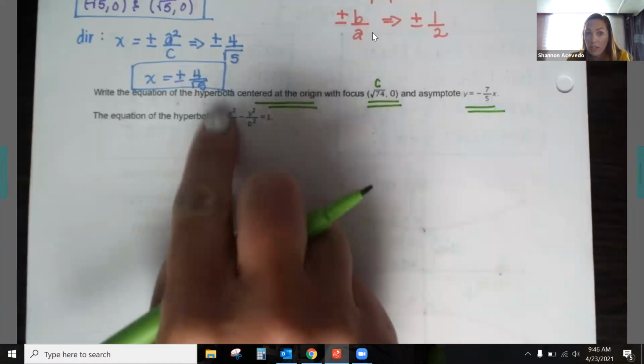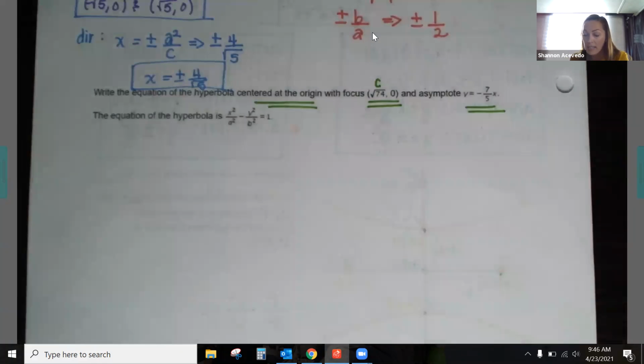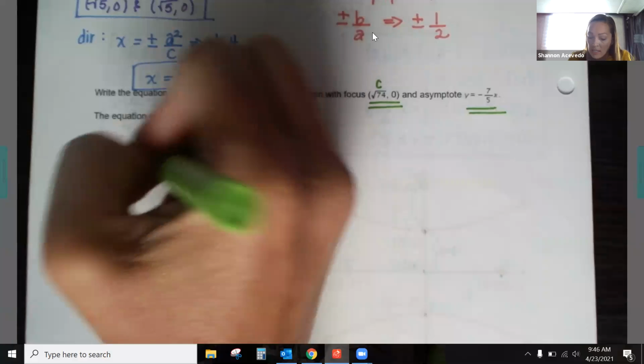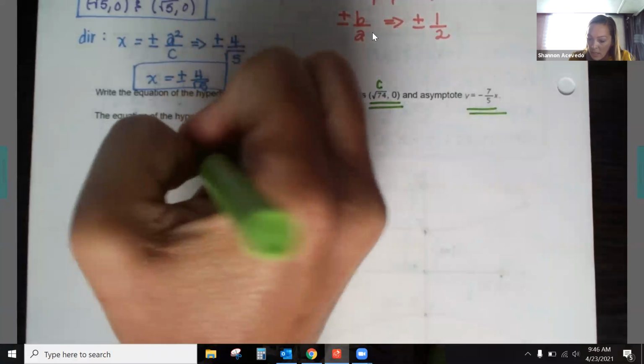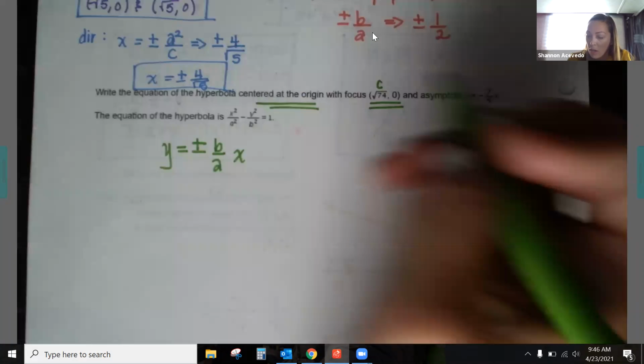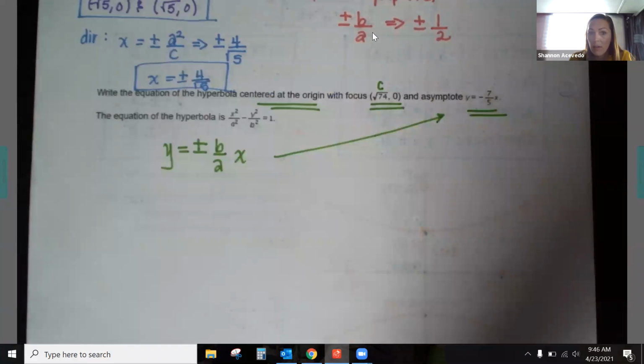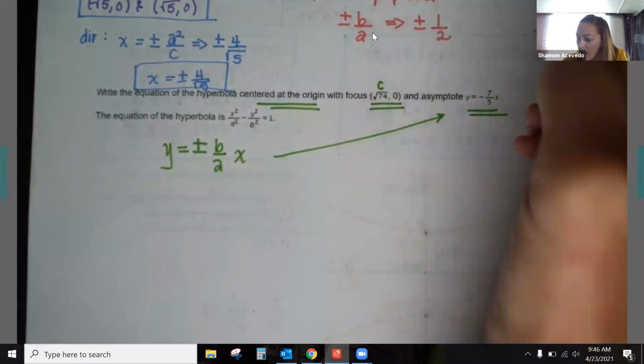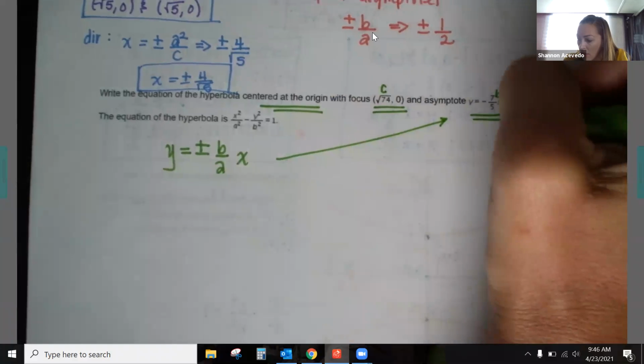It's an x first, so it's going to open along my x axis. So if it's going to open along my x axis, then y is going to equal plus or minus b over a times x, that's my asymptote here. So if that's the case, then this has to be b and this has to be my a value.